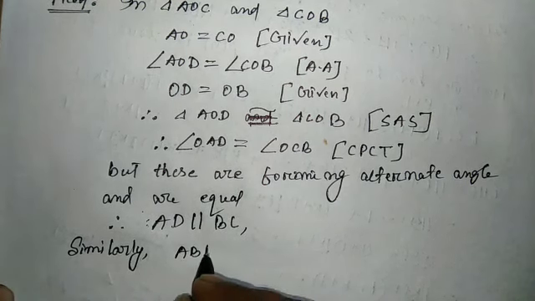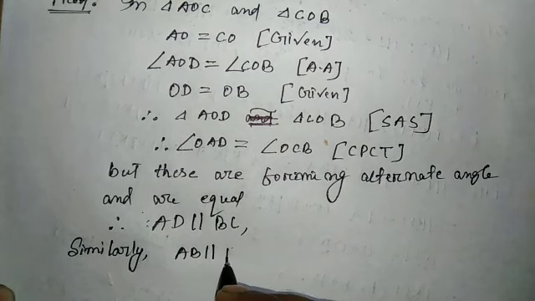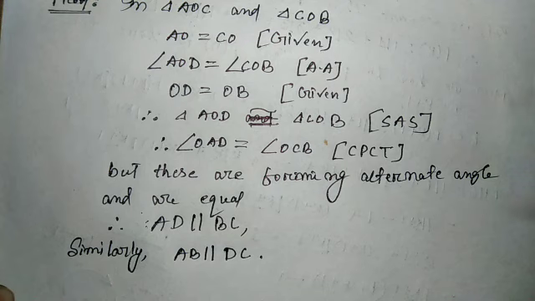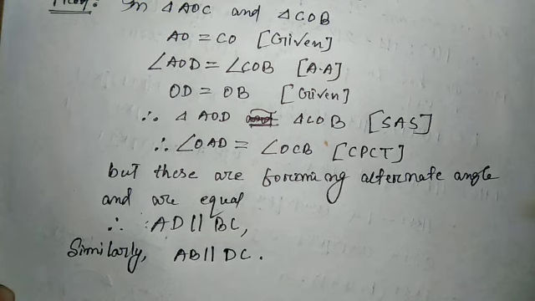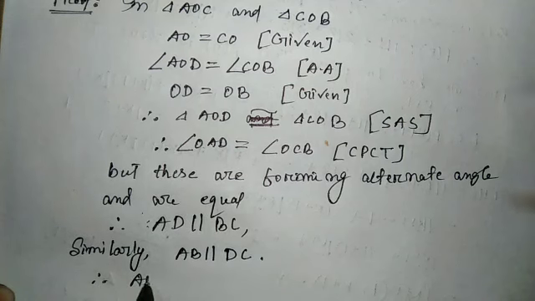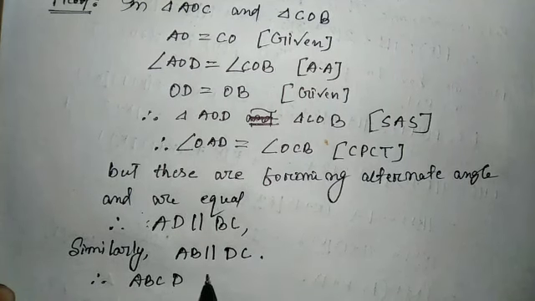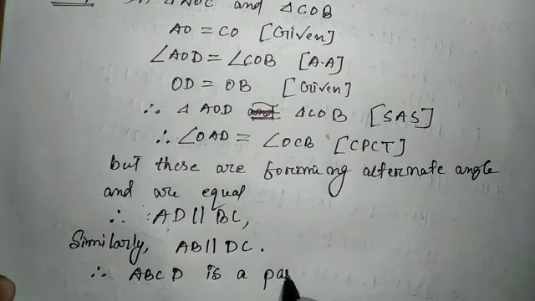So since both pairs of opposite sides are parallel, therefore ABCD is a parallelogram.